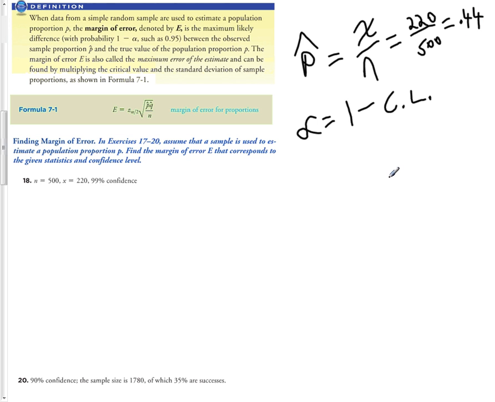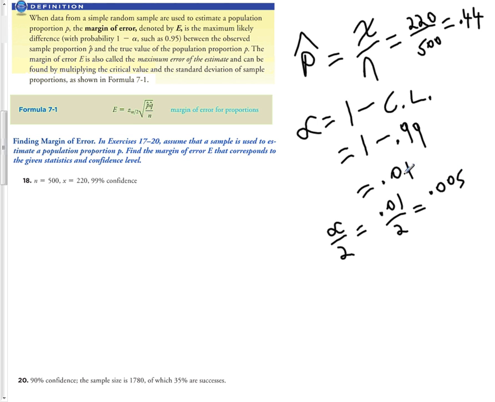0.44 is my p hat, and my alpha is 1 minus my confidence level, which is 1 minus 0.99, which is 0.01. Actually, I need to know what alpha over 2 is. Alpha over 2 is equal to 0.01 over 2, which is 0.005.